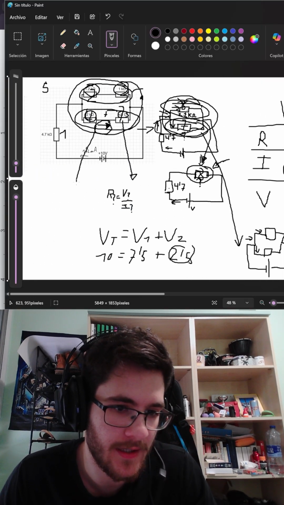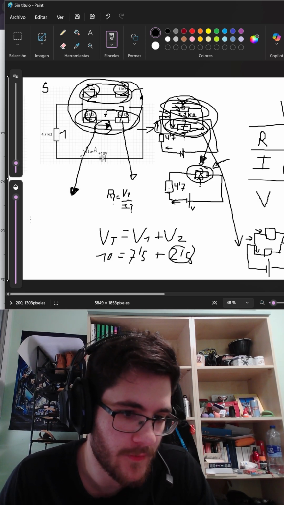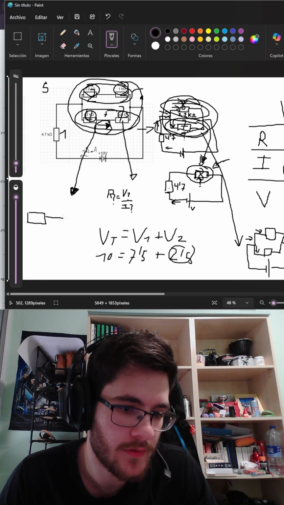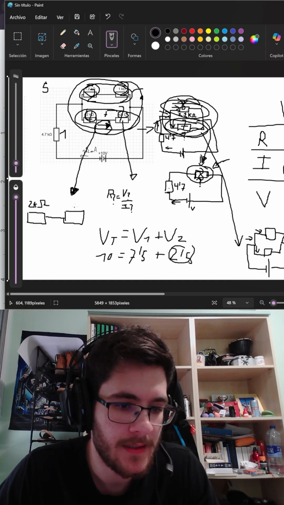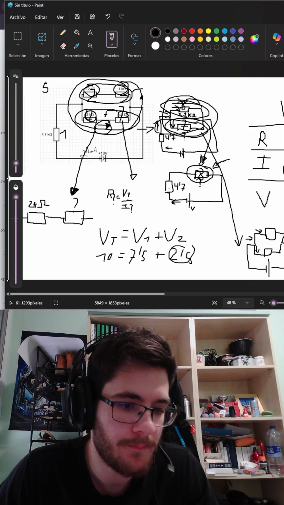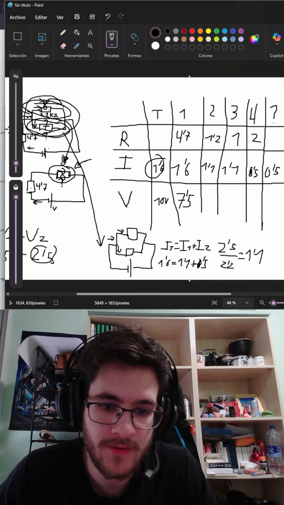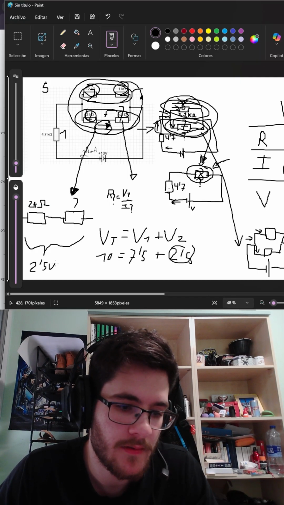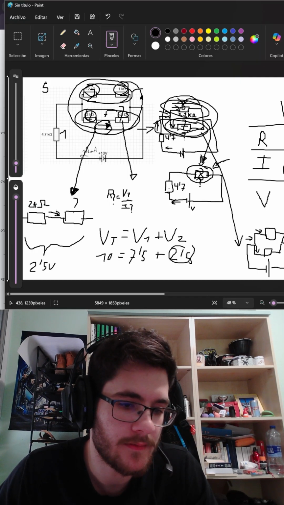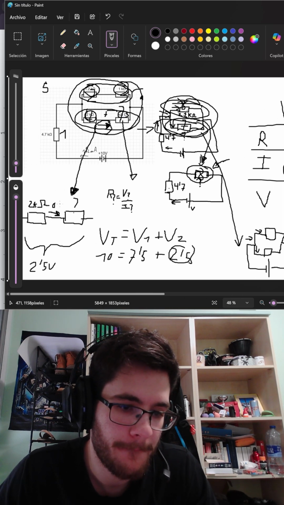Now we have this parallel-serial pattern with a resistance of 2 kilo ohms and our mysterious resistance, but we know that the voltage of all is the same as 7, so 7 is 2.5 volts, and we know the intensity here is 0.5.